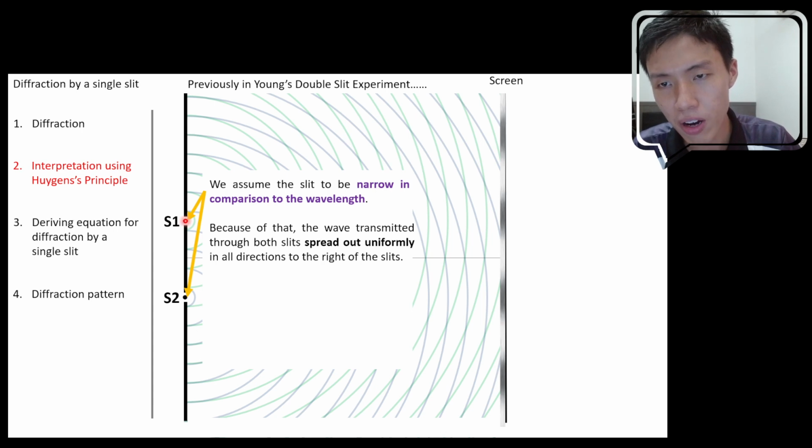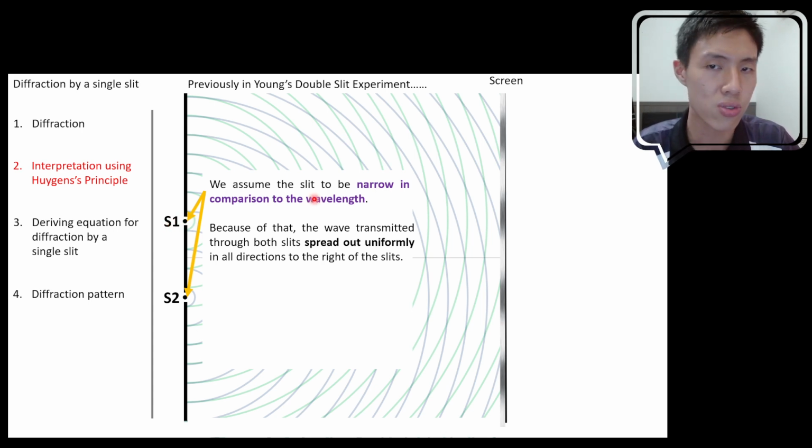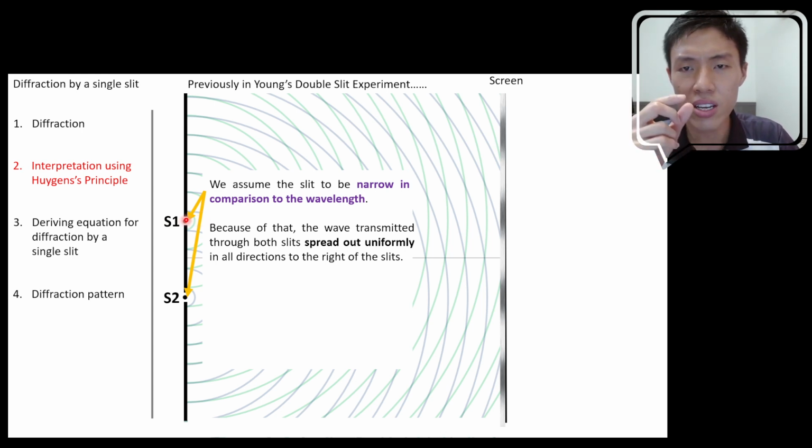And we learned before from Huygens' principle that if it's a very small part of the wavefront, you can just assume there's only one source of secondary Huygens wavelets. So you can assume the next wavefront will be a circular wavefront. Then based on Huygens' principle, the wavefronts afterwards will be circular wavefronts. That's why, if you have narrow slits, your transmitted wave will spread out uniformly.